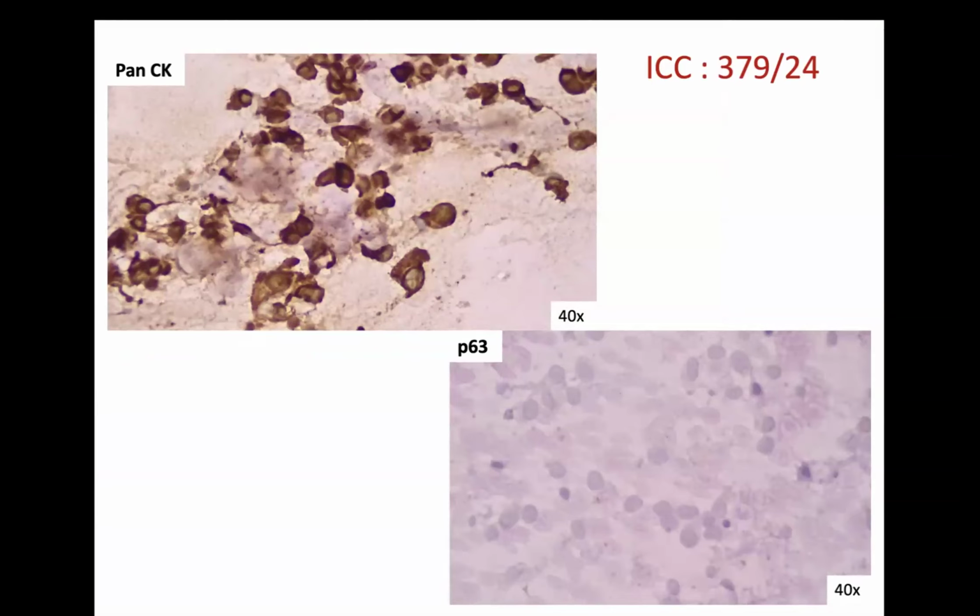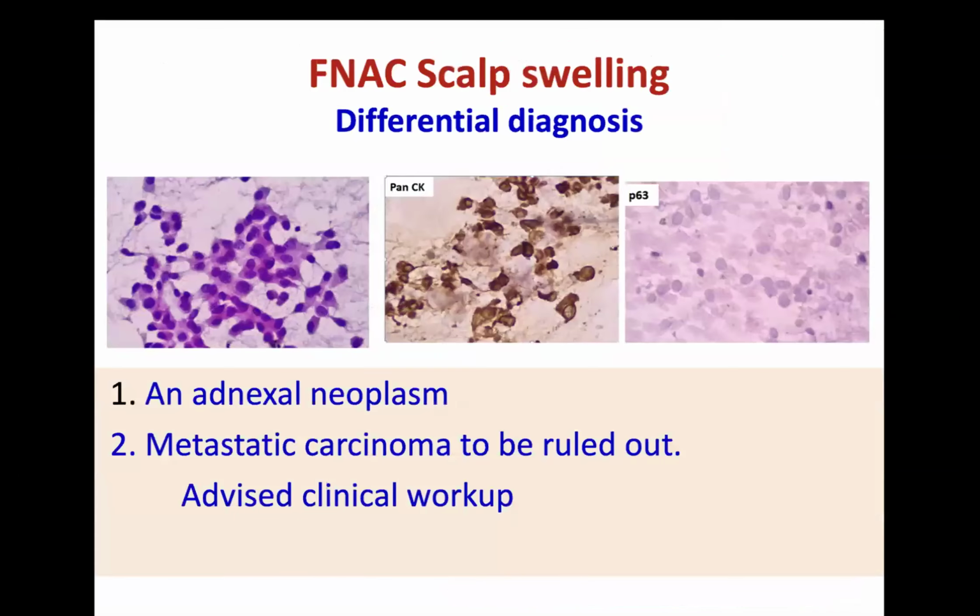Pan-CK was diffusely positive in the tumor cells, showing epithelial origin. P63 was negative. So with this, we thought of two possibilities: one is an adnexal neoplasm, and the second was a metastatic carcinoma from elsewhere. We advised excision of the scalp tumor along with clinical workup.